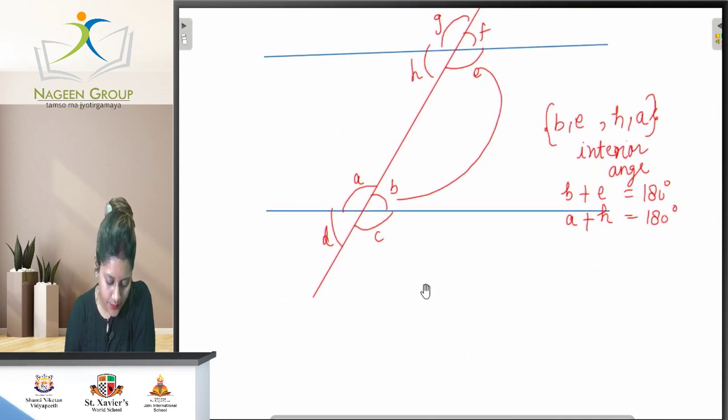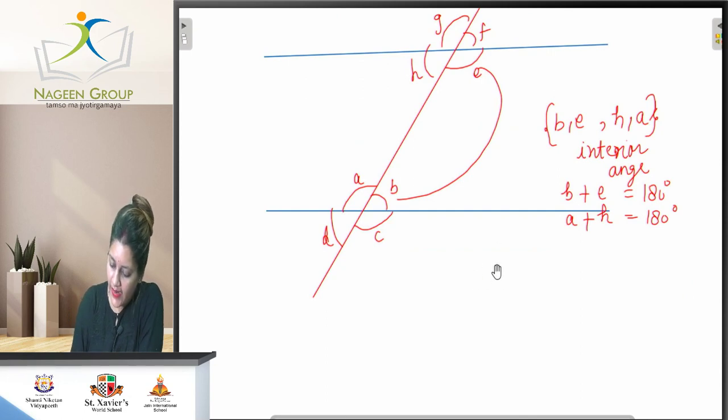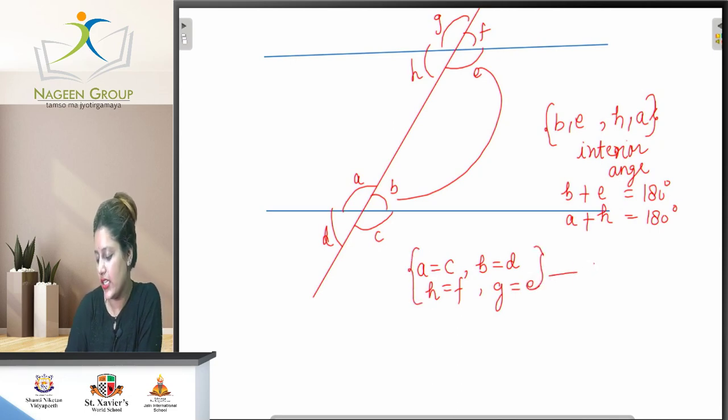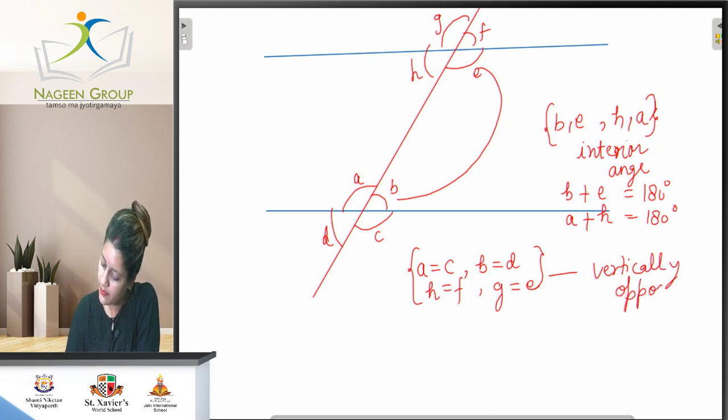After that, angle A equals C, B equals D, H equals F and G equals E. These angles are equal to each other, and they are vertically opposite angles.